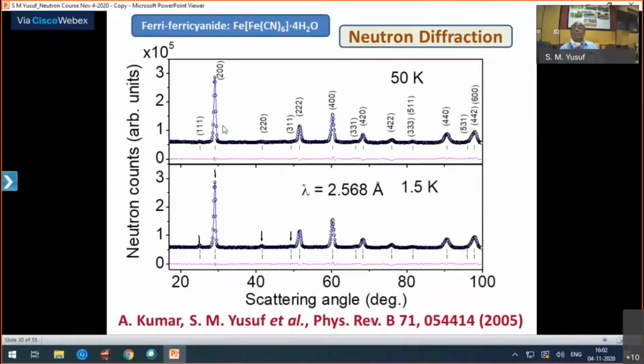This is the signature of ferromagnetic ordering, because ferro or ferrimagnetic also gives this similar behavior without giving any additional Bragg peak, because the magnetic symmetry and the crystal symmetry are the same. So this does not lead to any extra Bragg peaks, rather only an enhancement of intensity due to magnetic ordering, due to the magnetic phase transition from the paramagnetic state to the ordered state.